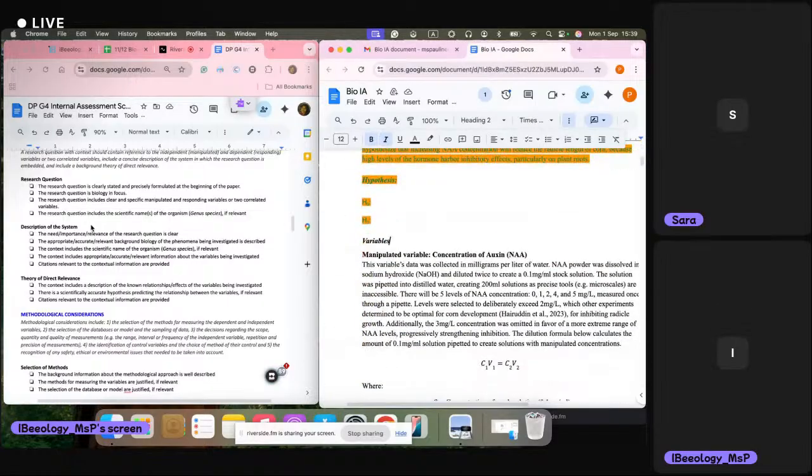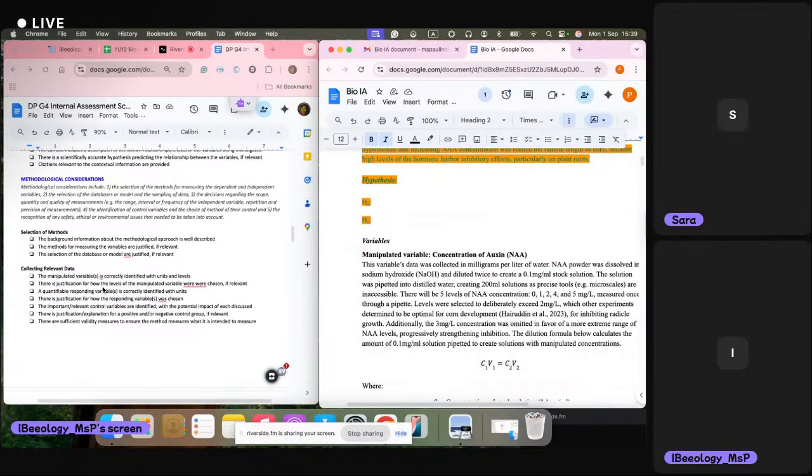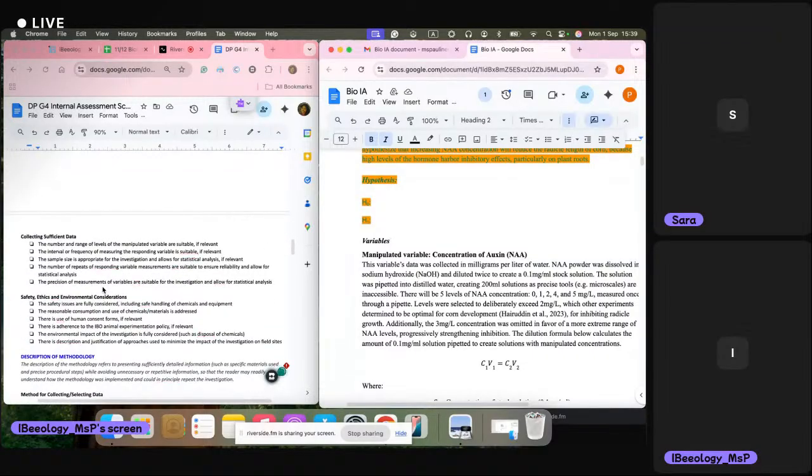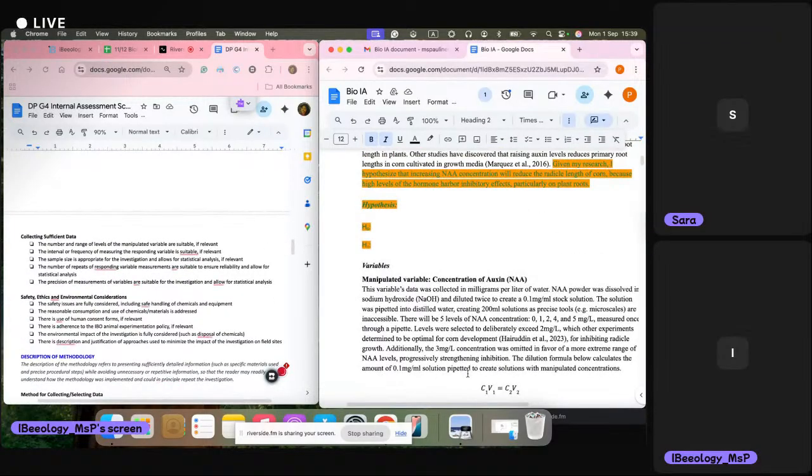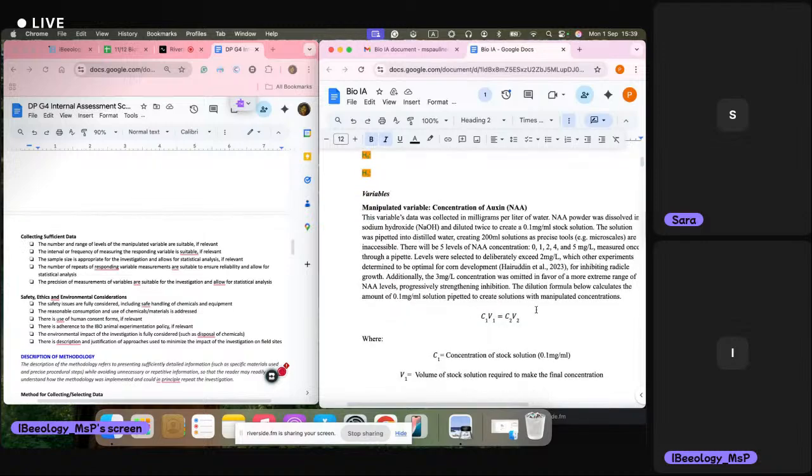So just give us what range are we using, what are your concentrations, how did you prepare the concentrations, what did you use. I've seen a formula here, so I think this is how you measured.